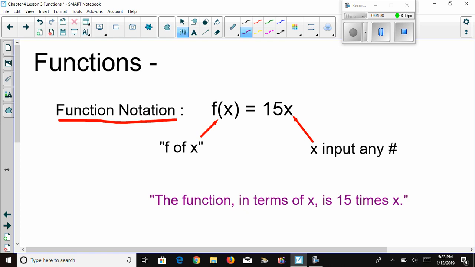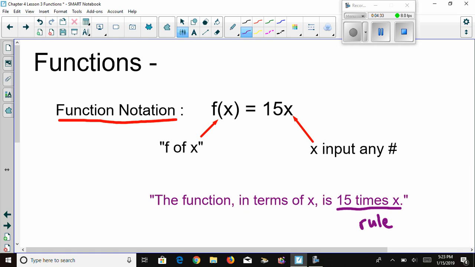Connecting it back to our vocabulary, the 15 times x, that is our rule that we're going to use. So it's whatever operations we're being asked to do. So f of x equals 15x. We've got to make sure we're saying that the right way.